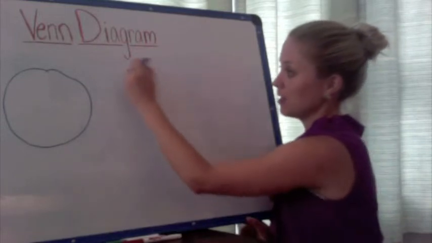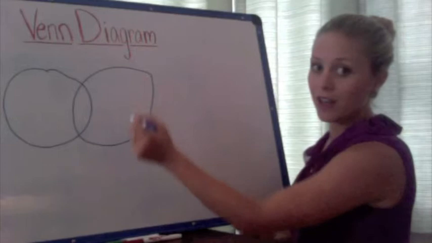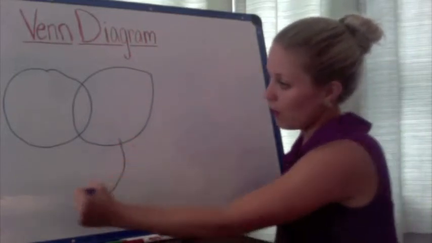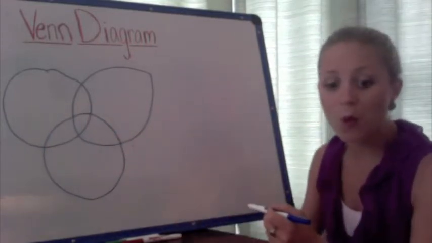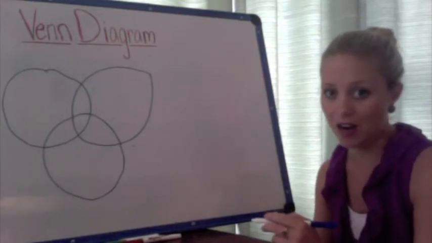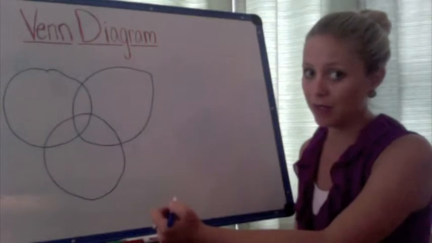Then you draw your second circle over here, and they overlap. Two. And then you draw your third circle down below. Three. Now, when you do a Venn diagram with three things to compare, it gets a little tricky because you have a lot of space that overlaps.